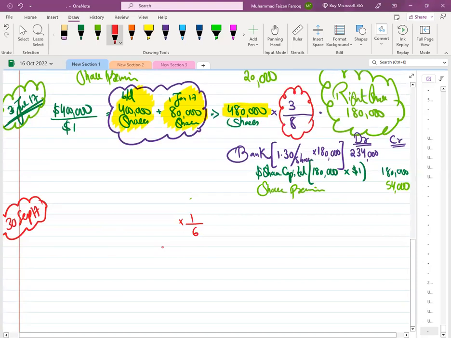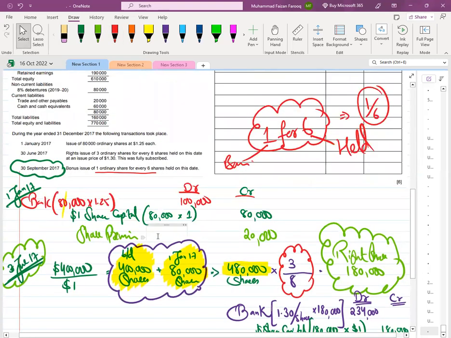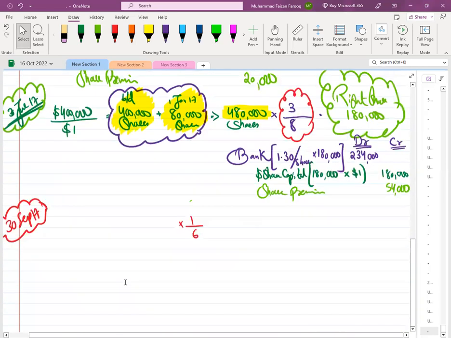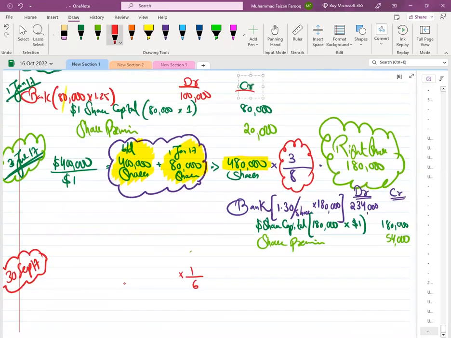Like this is the right fraction, we applied it on 480. This 1 by 6, think. You must think. This 1 by 6, 1 for every 6 held, bonus. This bonus fraction needs to be applied on which number? So I will let you know very carefully. At the beginning of the year, we had 400,000 shares in issue, right or wrong?